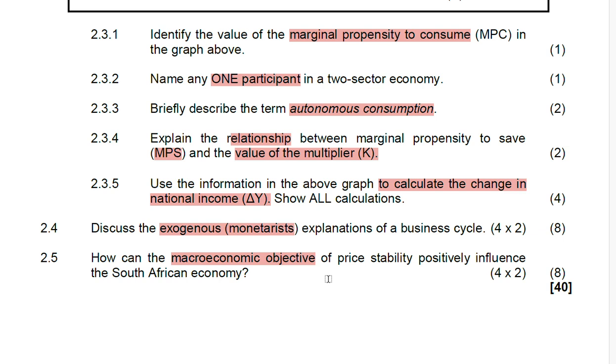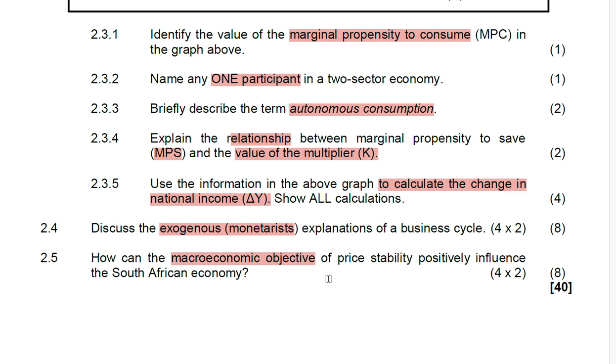Stability ensures that prices remain relatively stable, which encourages consumer spending and stimulates economic growth. If the price is stable, everyone is happy because they believe it's going to be stable for the long run and they don't have any pressure to buy more goods or less goods.